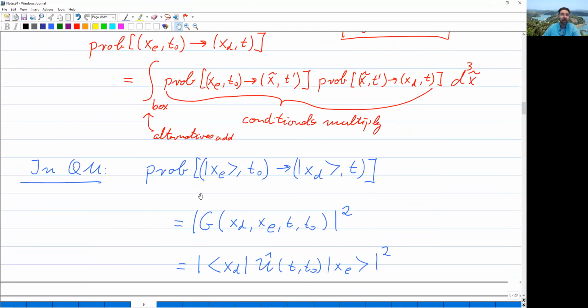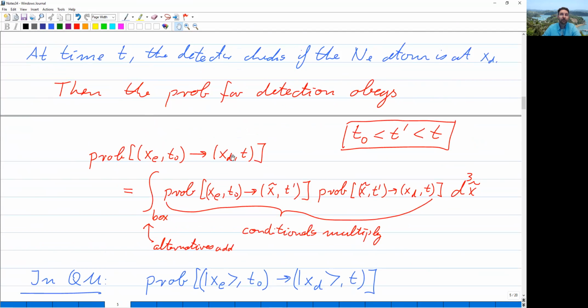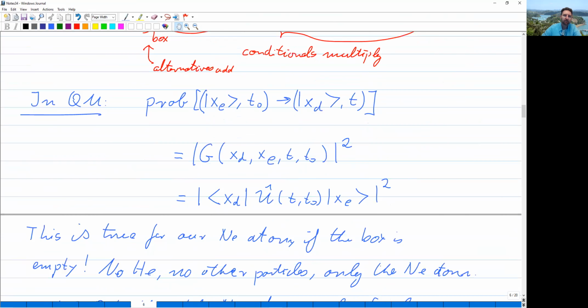Okay, so let's calculate that probability now, and let's check whether that probability obeys this equation in red here. This equation that expresses the probability for emission and then absorption by the detector with an intermediate time. Let's see if that's still true in the case where the box is empty and our neon atom travels alone.